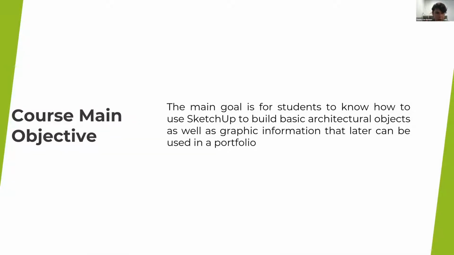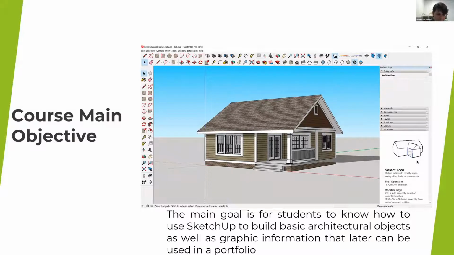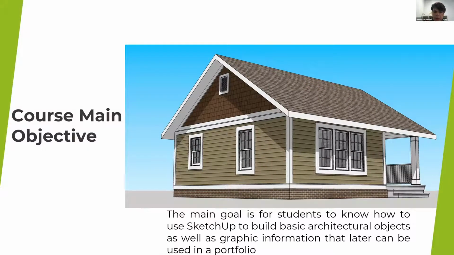Now, I would like to talk about the main objective of this course. The main goal of this course is for students to properly learn SketchUp, how to build basic architectural objects, and learn how to create graphic information that later can be used in their portfolios. As you know, architecture is a highly demanded program everywhere, especially in cities like Toronto.